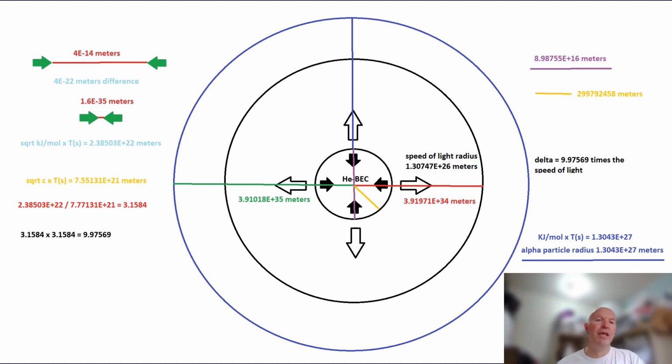If we look at the square root speed of the outward velocity as an inward velocity, and we multiply that with the length of time, we end up with 2.38503e22 meters traveled over that period of time. And there's a relationship between the inward journey and the outward journey, and that enables one to consider the formation of pi squared.